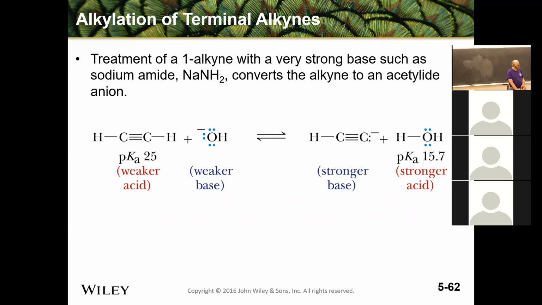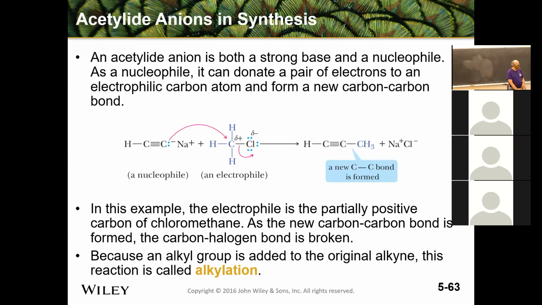That works because ammonia is a weaker acid than the alkyne. We're going to see this again in a later chapter, but this is where this acid-base reaction is useful.